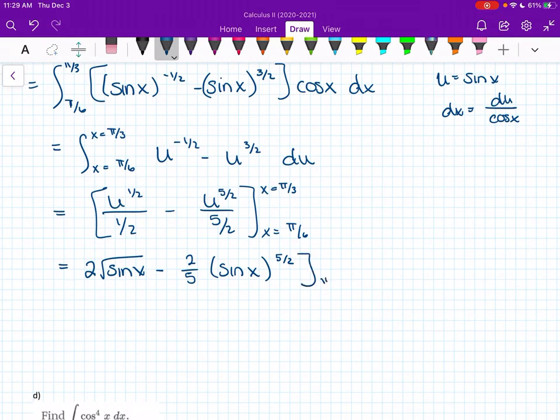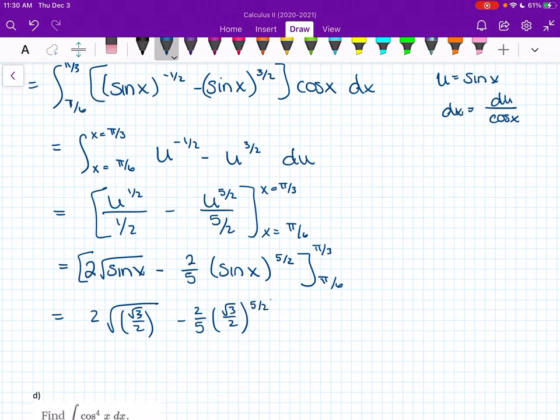Okay, and I'm evaluating now. I don't need to write the x. So then I plug in pi over 3, and I get 2 times the square root of 3/2 minus 2/5 times square root of 3/2 times 5/2 minus square root of 2 minus square root of 32 over 80, which you can figure out on your own.